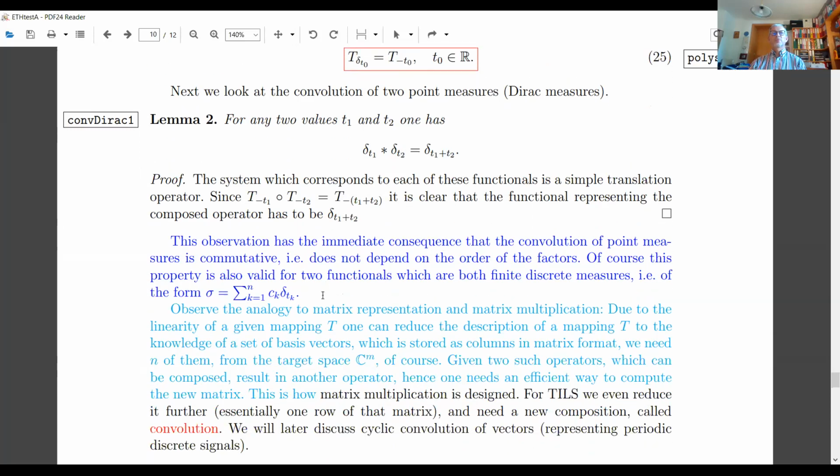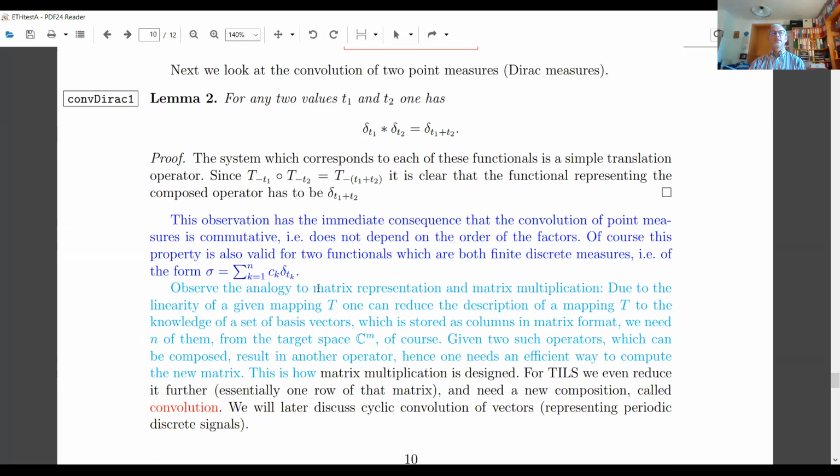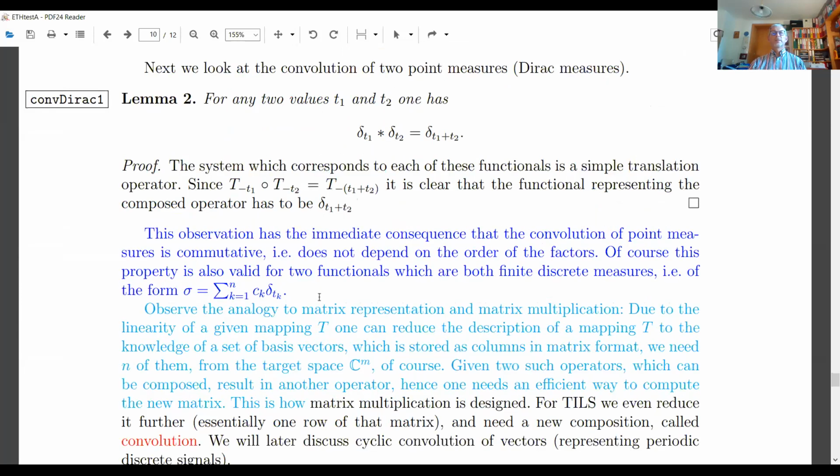Maybe I'm just going here to the dark blue text. If you're looking at a functional which is a finite linear combination of deltas, then of course any two of them are commuting with any other of the same kind. And by taking limits, we will achieve the same property for arbitrary BIBO systems.